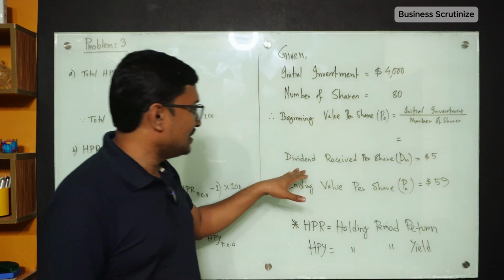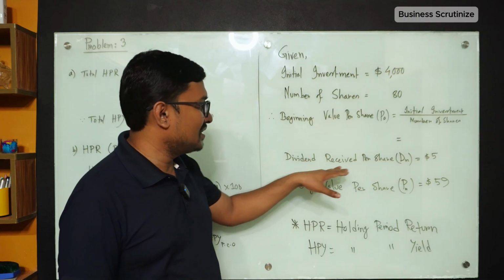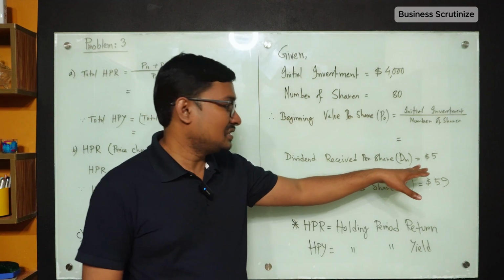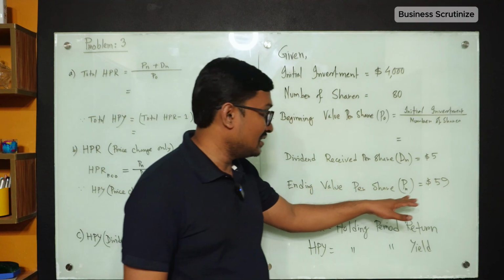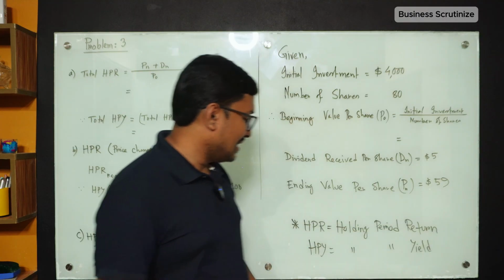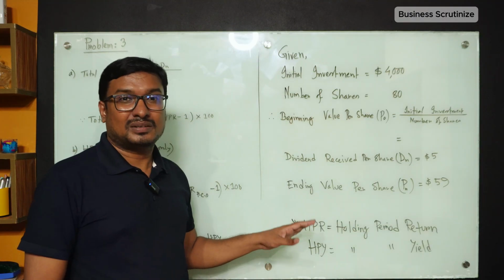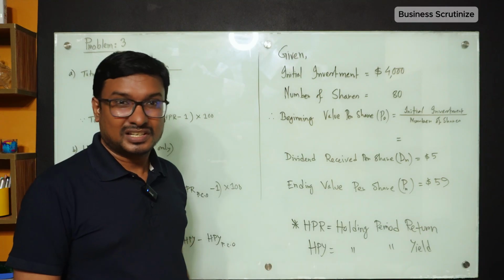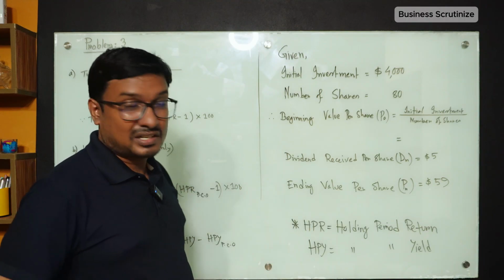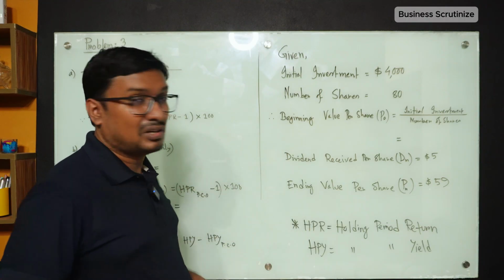Also given in problem number 3 are the dividend received per share during the period, which is $5, and the ending value per share, PN, which is 59. And we know that HPR means holding period return, and HPY holding period yield. Considering the data, we will be able to solve the requirements.